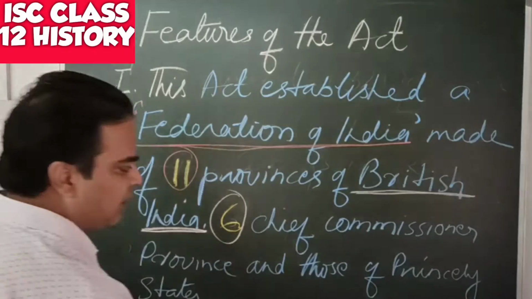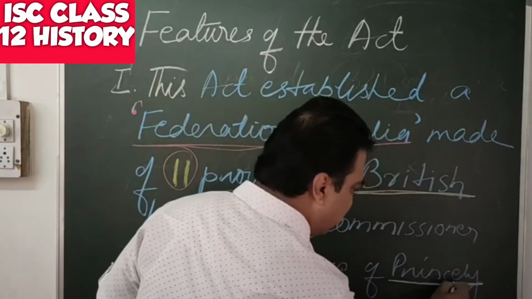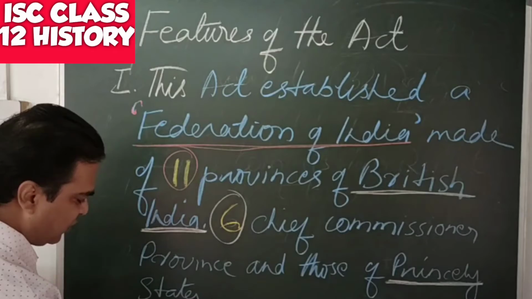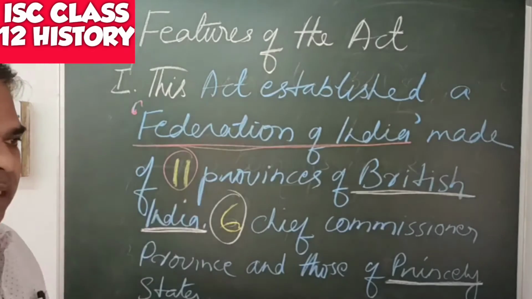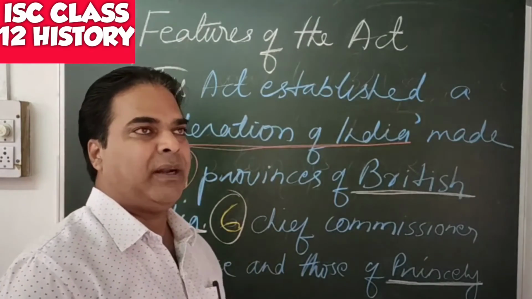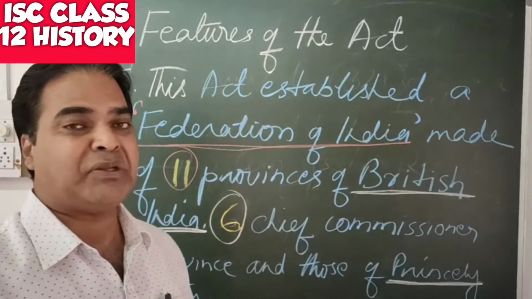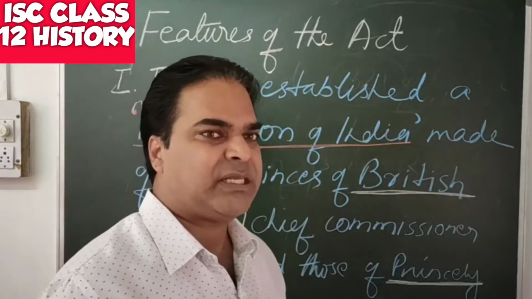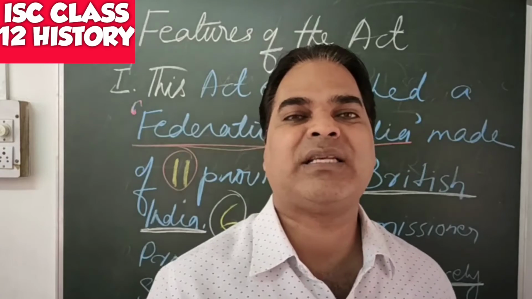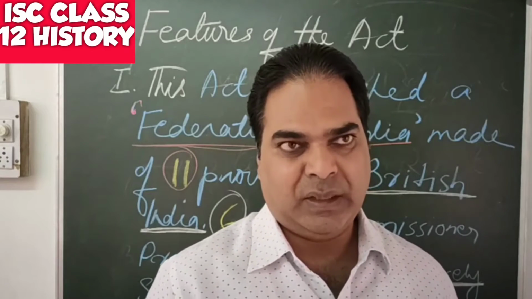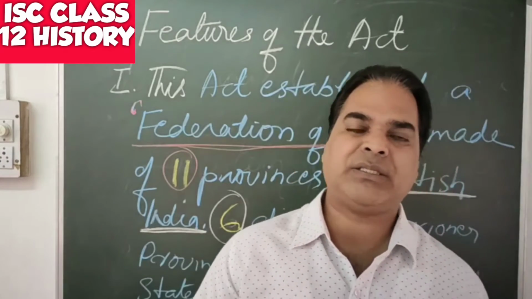And the third one is the princely states. Let me tell you what princely states are. You know that before independence, there were 565 princely states. These princely states were ruled by Raja Maharajas or princes. They were under the British government.